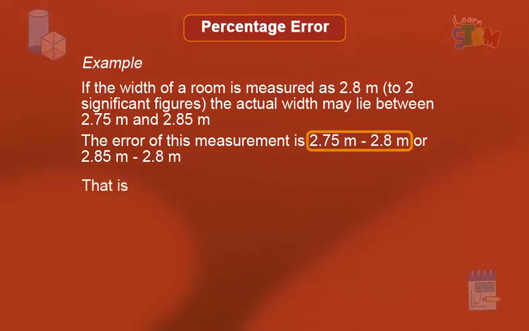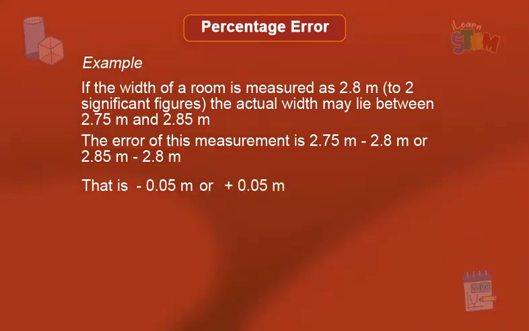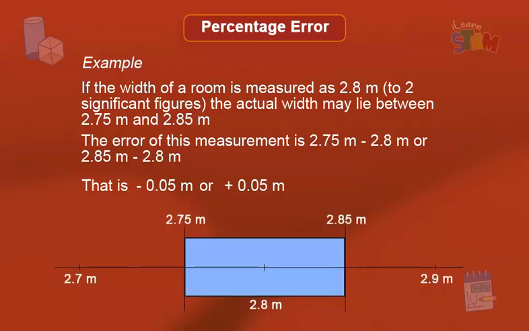That is, 2.75 meters to 2.8 meters is minus 0.05 meters, or 2.85 meters to 2.8 meters gives us plus 0.05 meters. To better visualize this, the diagram below illustrates the range of the actual measurement.